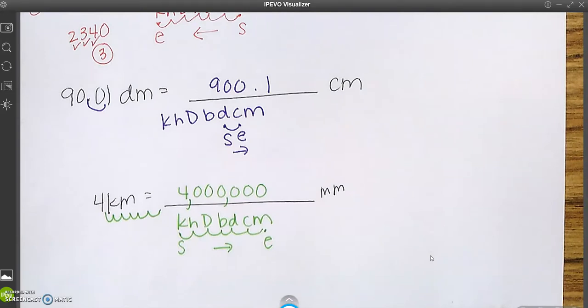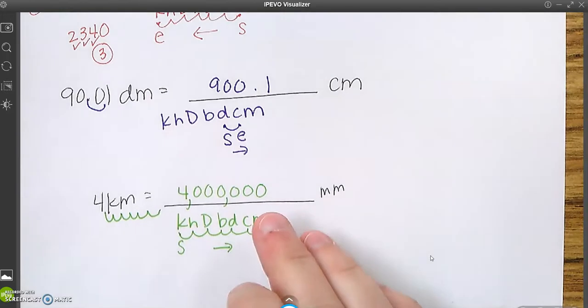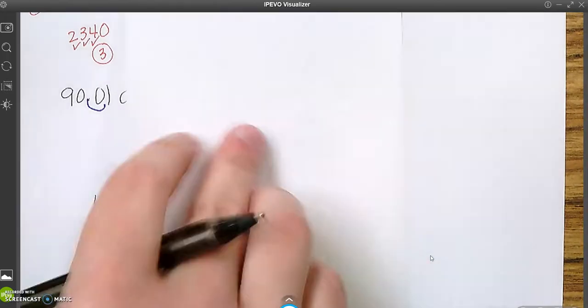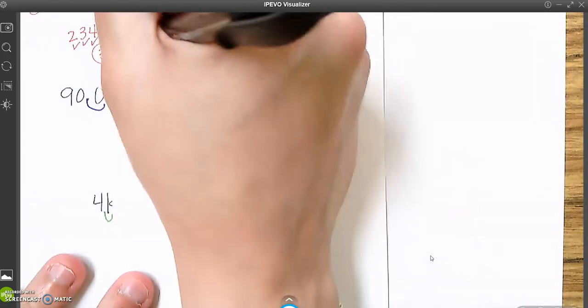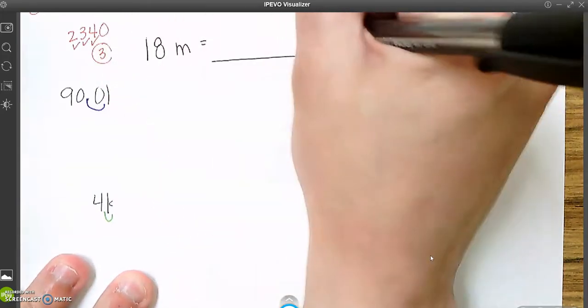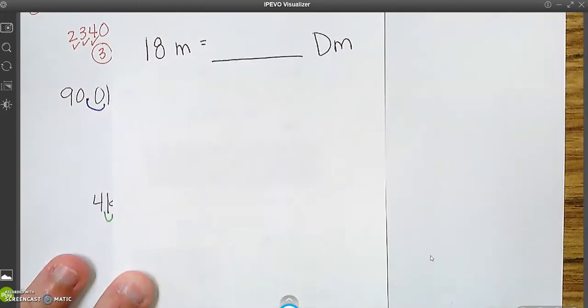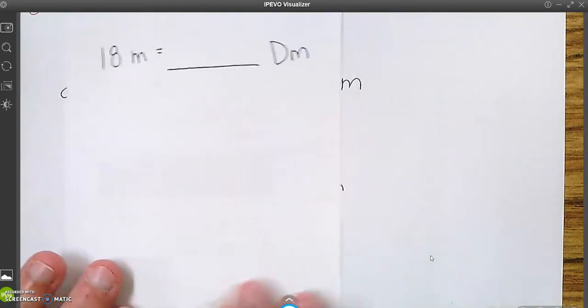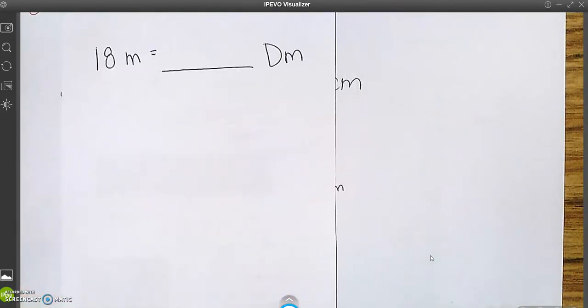One other thing that I do want to mention is something like 18 meters equals how many decameters? So if I'm looking at something like this, 18 meters equals how many decameters?